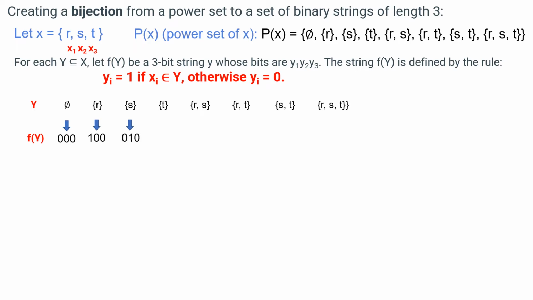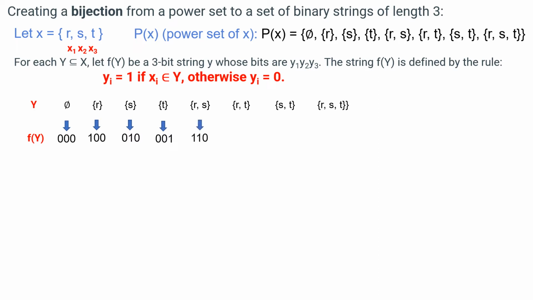For the next one, S is in this subset, and that was the second one, X sub 2. So we're going to have Y sub 2 equal 1, and the others would equal 0. So that's saying that the second element in X is in this subset. And T, it's the third element in X that's in that subset, and the others aren't there.